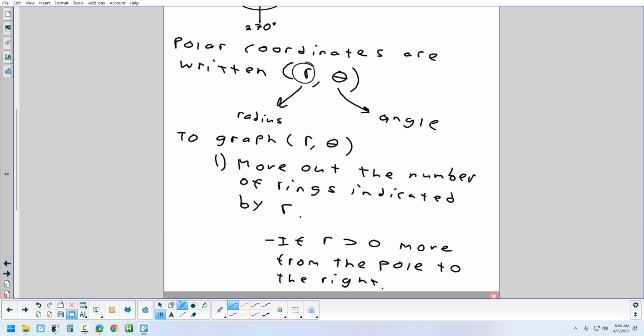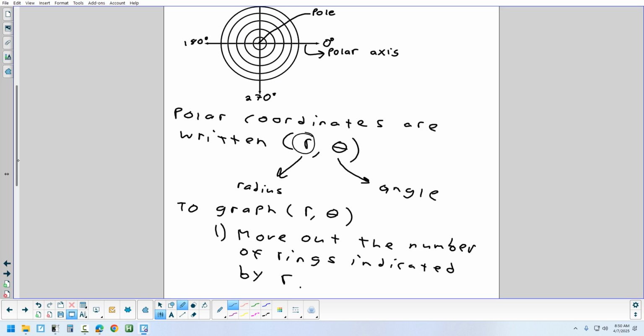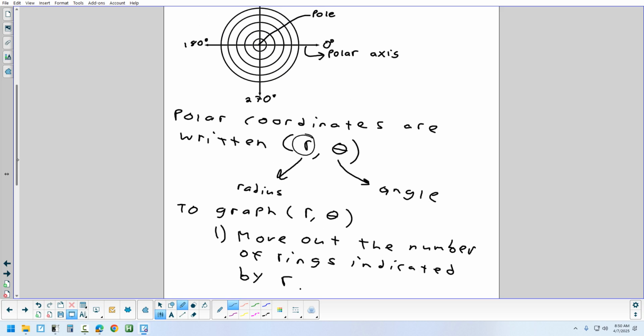If r is bigger than 0, if it's positive, you're going to move to the right. How far to the right? Whatever r is. If r is 3, you move out 3 rings. If r is 5, you go out 5 rings. And you can go in between as well. Like if r was 2.5, you can go in between the second and third ring.